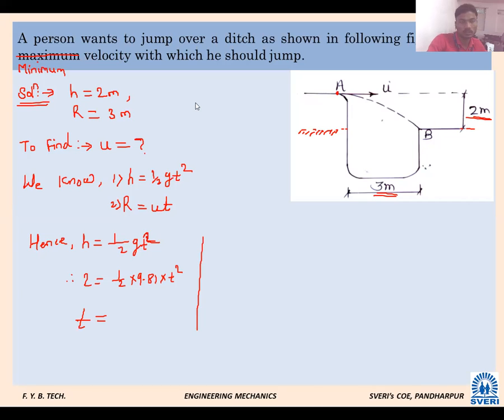After a long time, 27. Is it possible for you to tell? Roll number 27. Rohan, 37. Yes, sir. Is it possible for you to calculate the value of T? Yes, sir. 0.63 second.